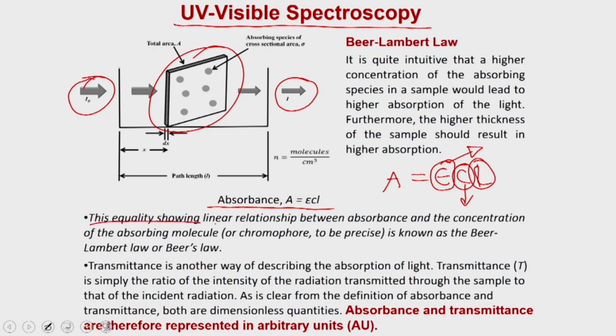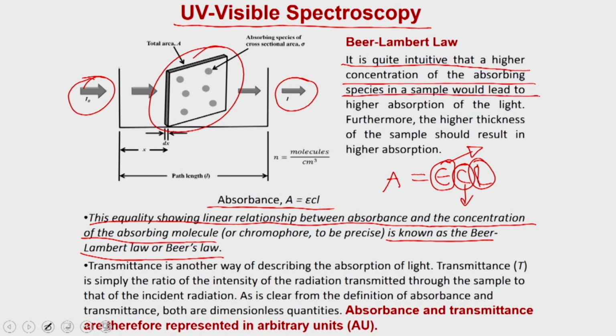This equation showing a linear relationship between absorbance and the concentration of the absorbing molecules is known as the Beer-Lambert law or Beer's law. It is quite intuitive that a higher concentration of the absorbing species in a sample would lead to higher absorption of the light.